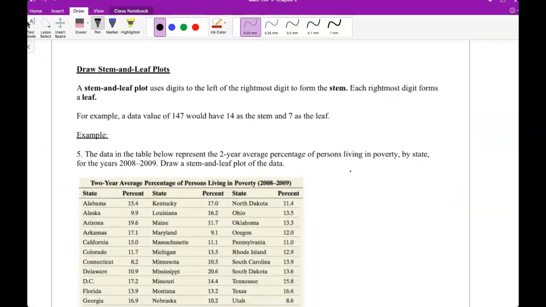Okay, now next page, we're gonna draw stem and leaf plots. A stem and leaf plot uses the digits to the left of the rightmost digit to form the stem, and each rightmost digit forms the leaf. So for example, for a data value of 147, we have 14 as the stem and 7 as the leaf.